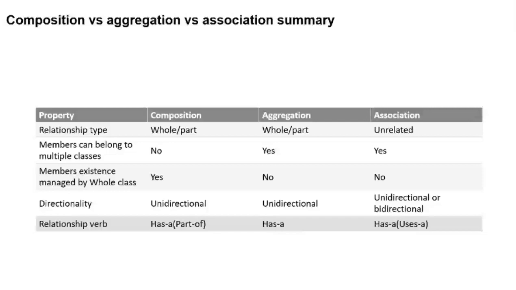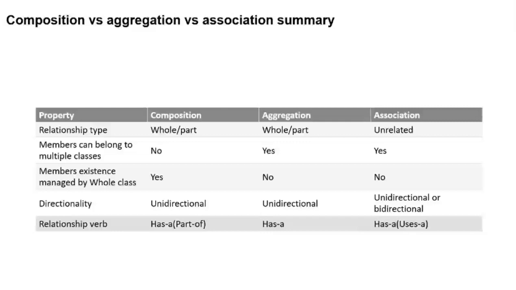In composition, the member object's lifetime is totally decided by the whole, so the member's existence is totally managed by the whole class. In aggregation, however, the member's existence is not at all controlled or managed by the whole class. And in association also, the member object's life is not at all controlled by the whole class.